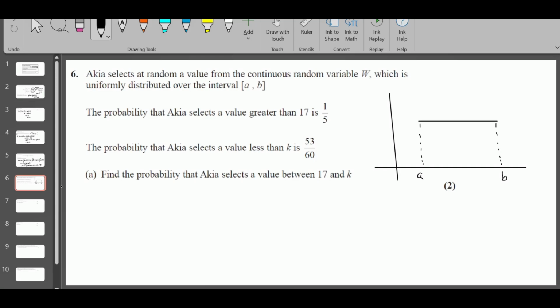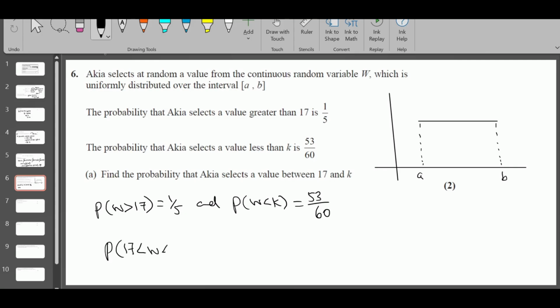Now the probability that Akia selects a value greater than 17, P of W greater than 17, is 1 over 5, and the probability he selects a value less than K is 53 over 60.